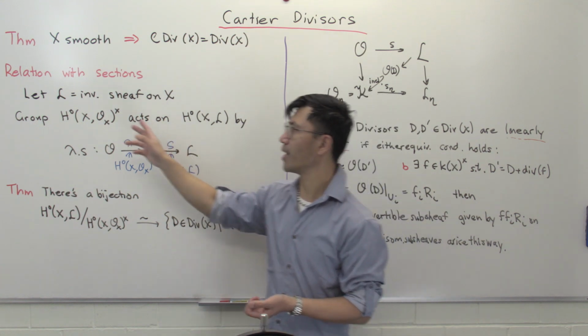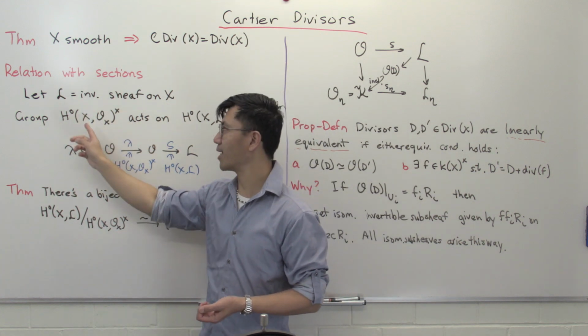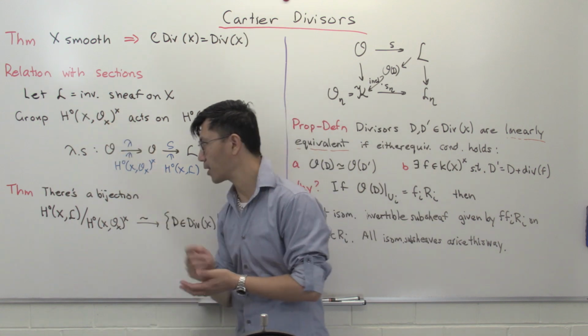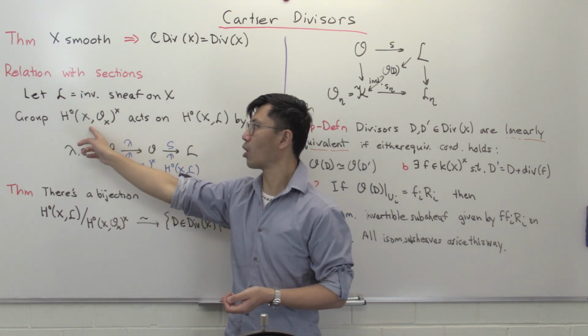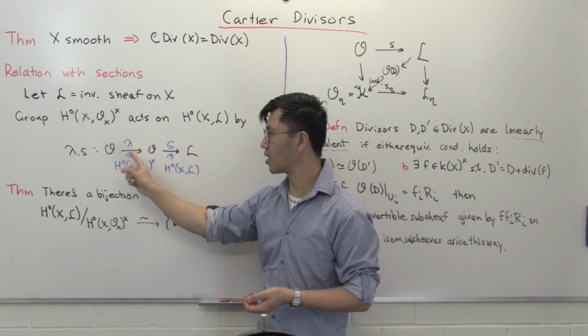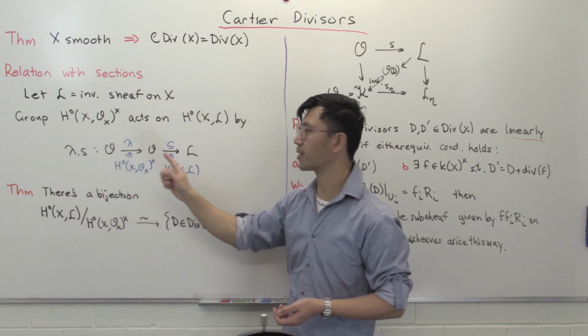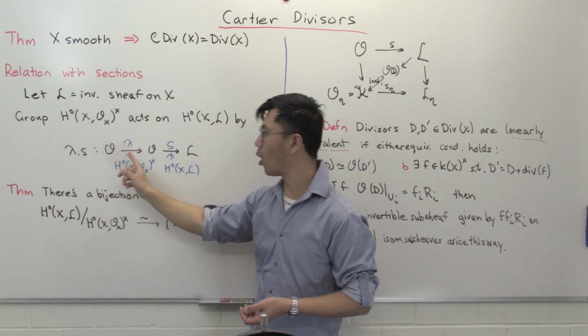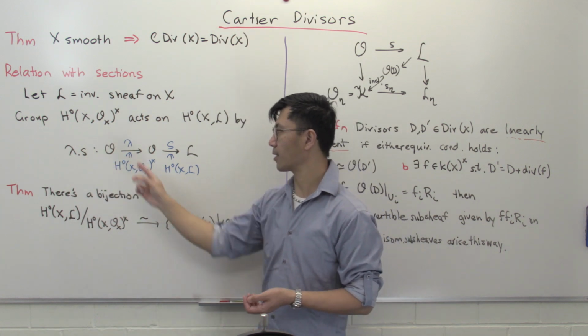The group that acts on it is just going to be the units in the ring H0(X, OX). A way to think of the global sections of OX is that they're basically just sheaf homomorphisms O to O like this. And so the units inside here are just the sheaf isomorphisms from O to O, and they're given like that.